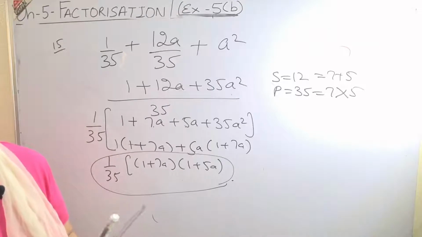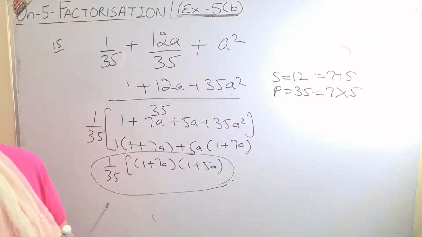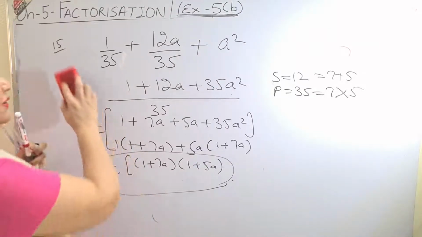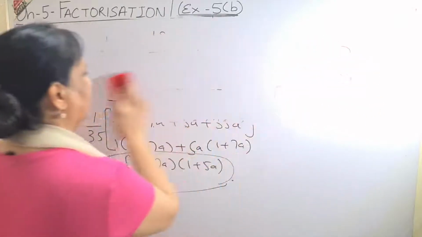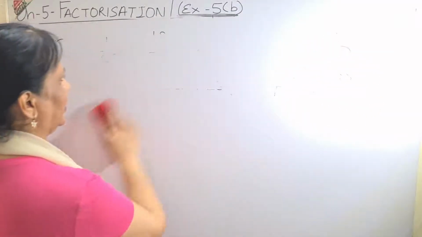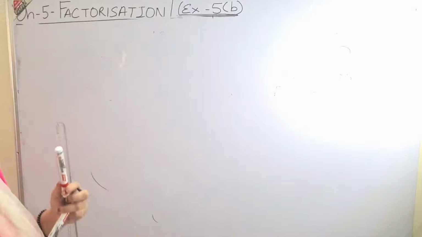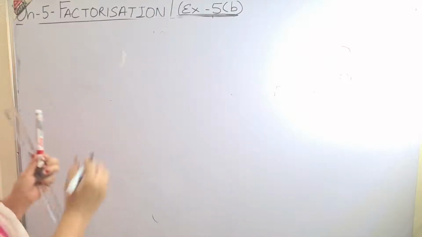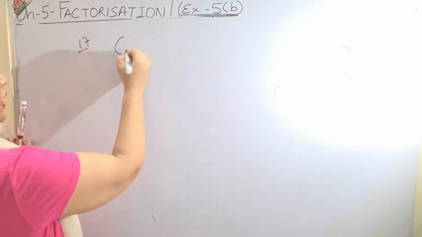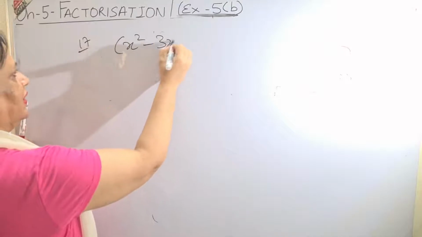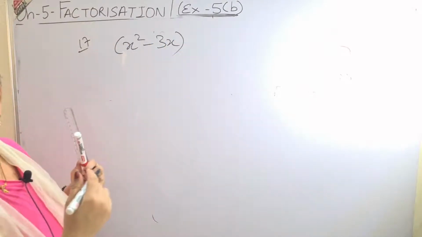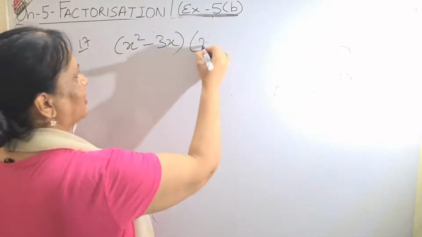Then coming to question number 17, same question, factorize. We'll give you the hint of the 17 sum, an important one that can come in the paper. So x square minus 3x, x square minus 3x, then x square minus 3x minus 1. Very simple.